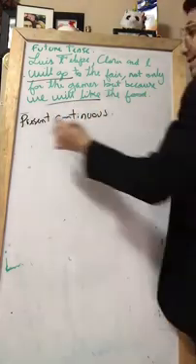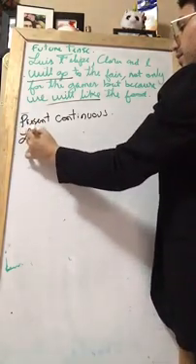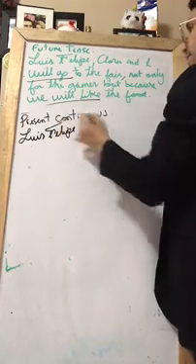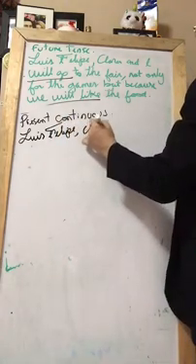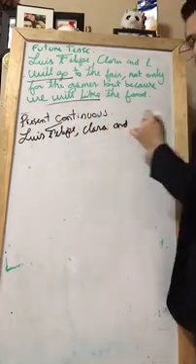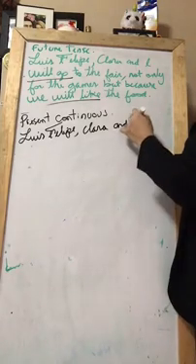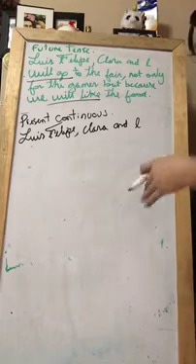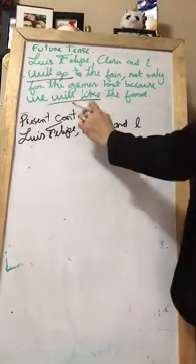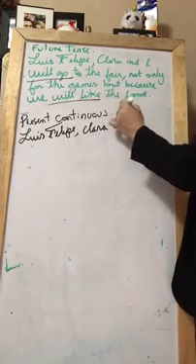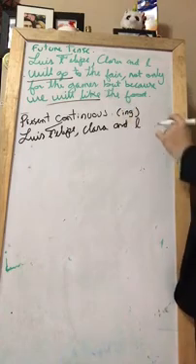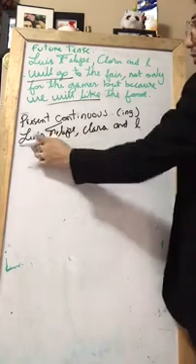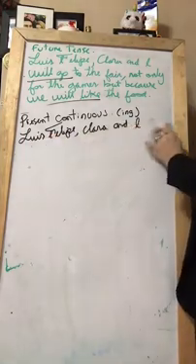Okay, so I say Luis, Felipe, Clara, and I. And then because I'm turning this from go, which was the base, into present continuous, I'm going to need ing. And when you write ing, you cannot say Luis Felipe, Clara, and I going.